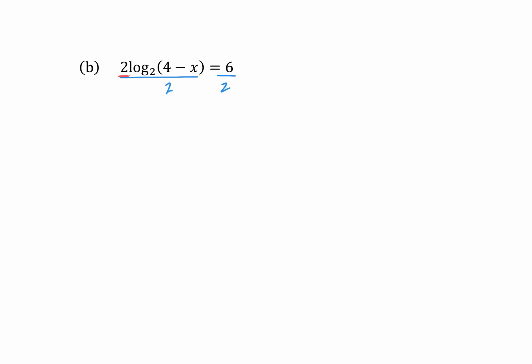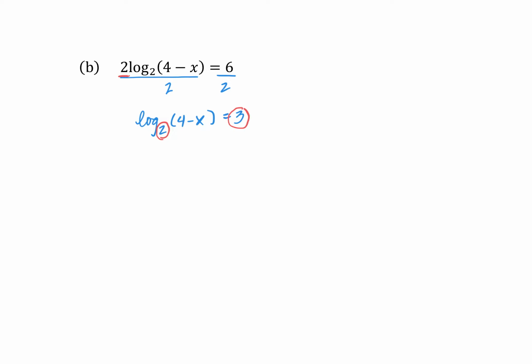And then on the left-hand side, these 2's will cancel, and I'll have log base 2 of 4 minus x is equal to 3. So think about what this is saying. If I switch it to exponential form, we have our base 2 to the exponent 3.